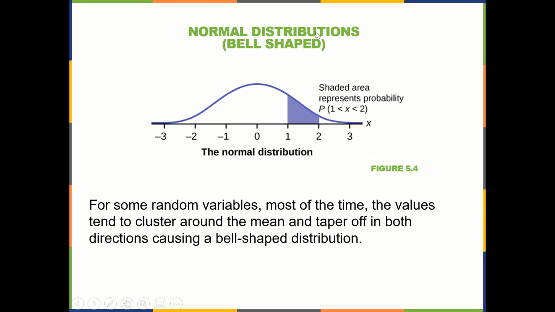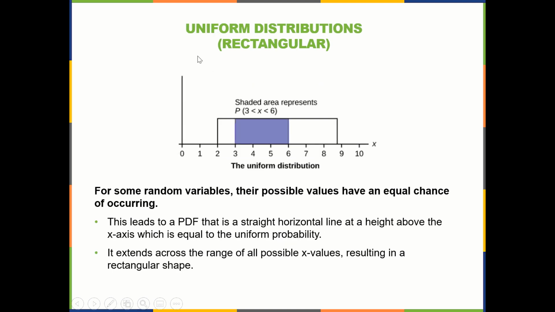Normal distributions are bell-shaped and symmetric, and you have the mean in the center. Uniform distributions are called uniform because the probability density function will be just a straight line showing that the probabilities are laid out uniformly. They tend to be equally likely, all these values.